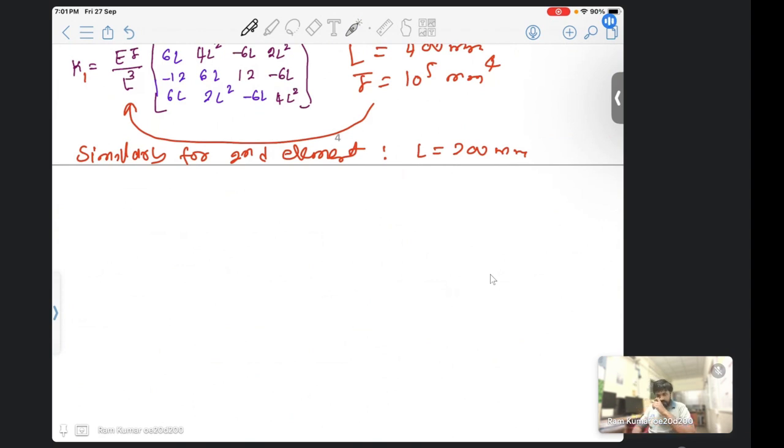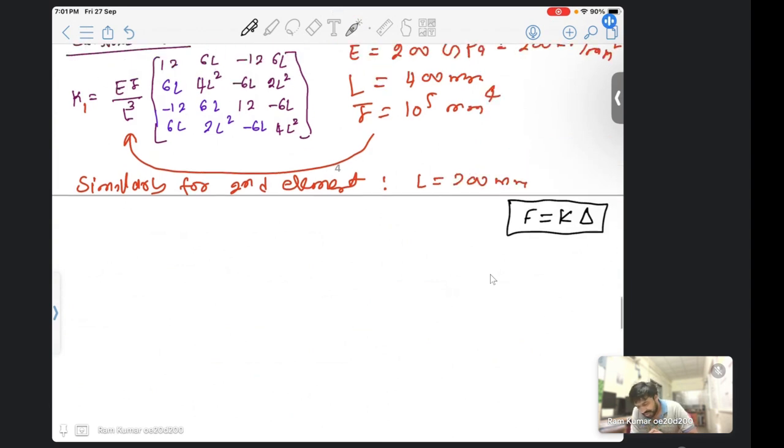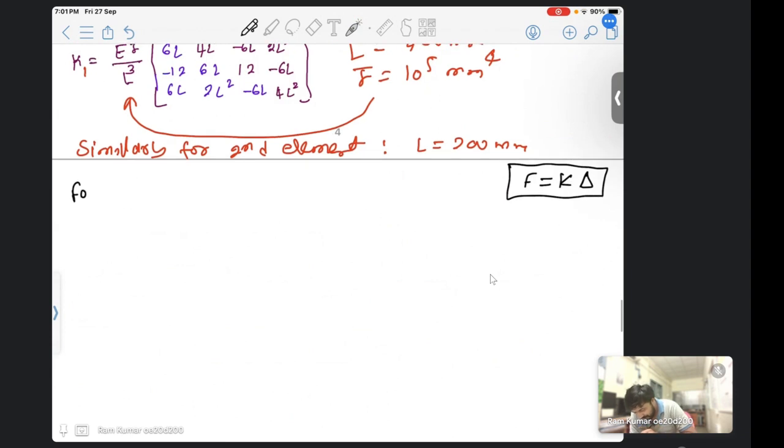So now what we are going to do, we are going to write that we know that F equal to K into some displacement. So this equation we are going to write. For the first element, K1 into delta.